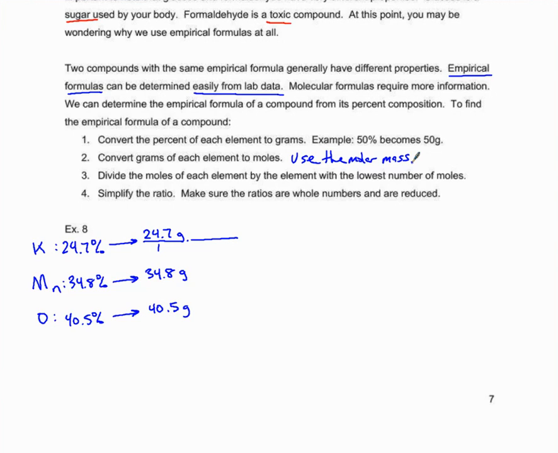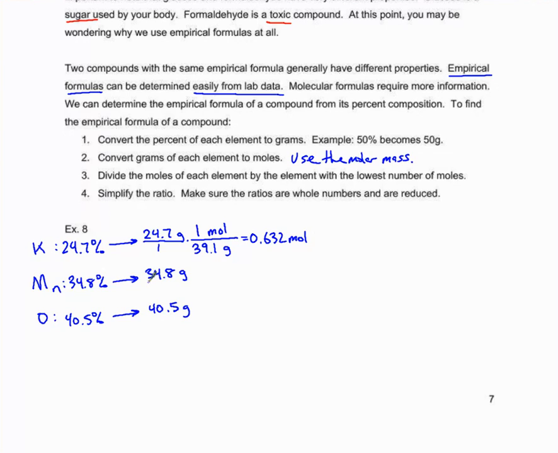And so for potassium, the molar mass comes straight from the periodic table, and it rounds to 39.1 grams. And that's the mass in 1 mole of potassium. So we'll go ahead and put this into the calculator, and it is 0.632 moles.